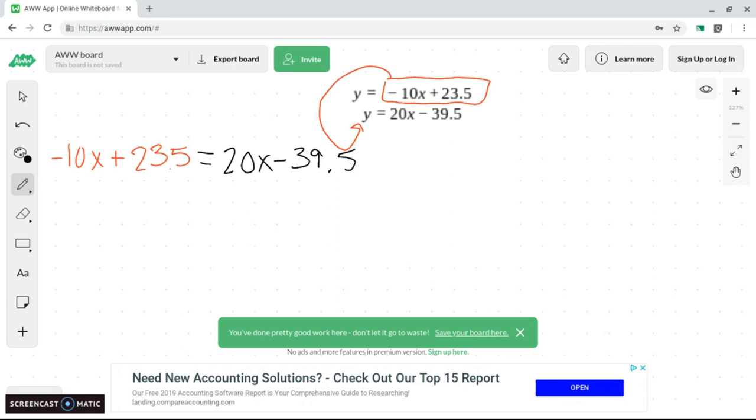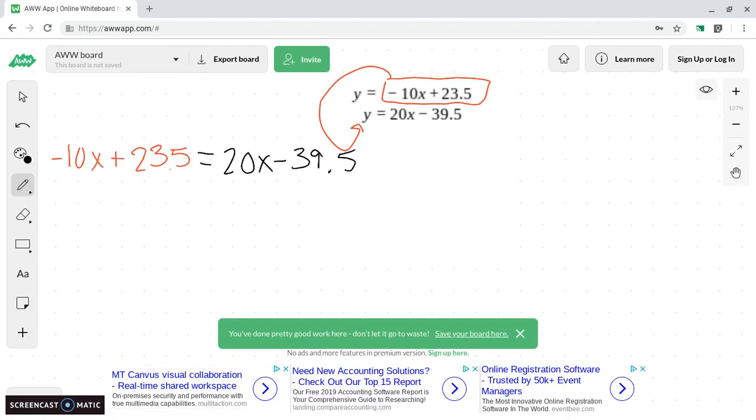Really we're setting them equal to each other because they're both equal to y. Now we can go ahead and solve. We want to get all of our variables onto one side. I'm going to move the negative 10x, so the opposite of that would be to add 10x to both sides. So those end up canceling.